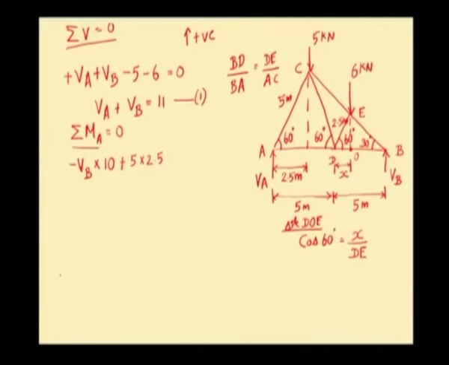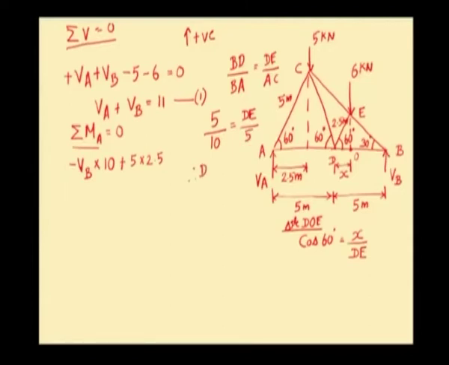The distance BD is 5 meters. So, 5 divided by BA, where BA is the total span of the truss, which is 10 meters, is equated to DE divided by AC. AC is the member whose length is 5 meters.